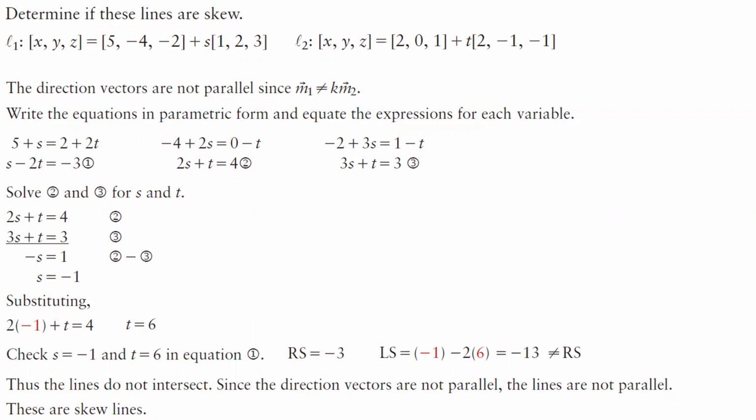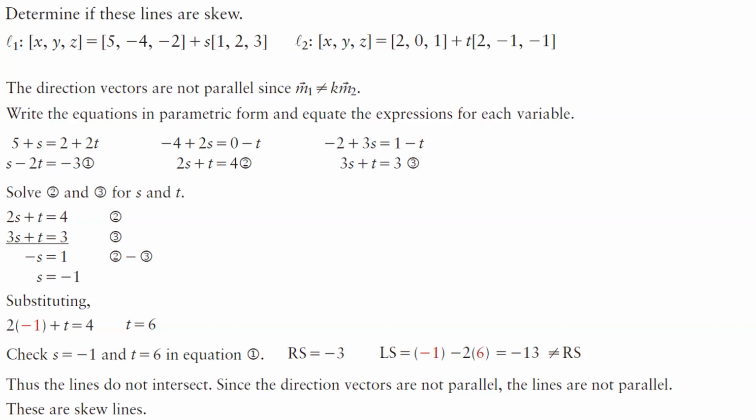So check this pair of solutions, s equals -1 and t equals 6, in equation number 1. The right side is -3. The left side equals -1 minus 2 times 6, which is -13, which does not equal the right side.